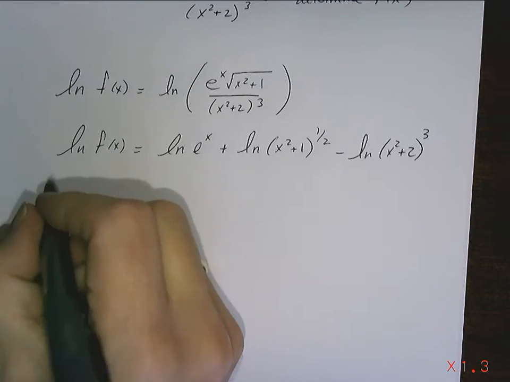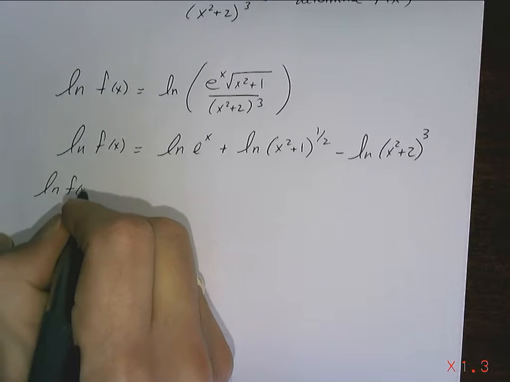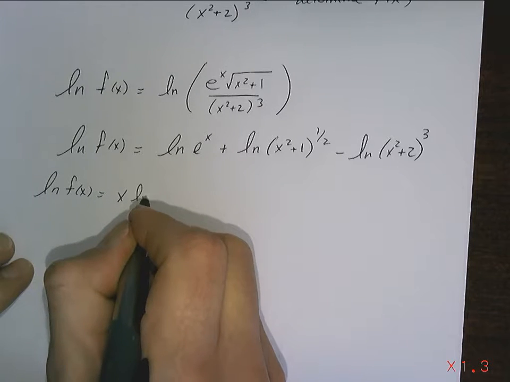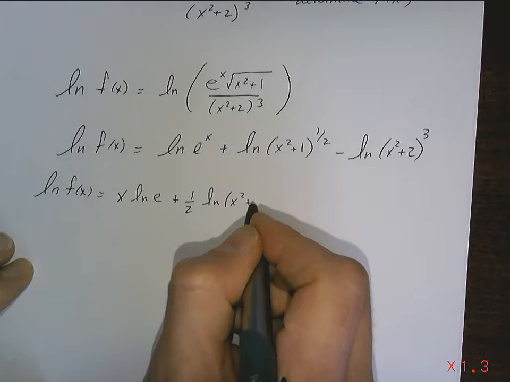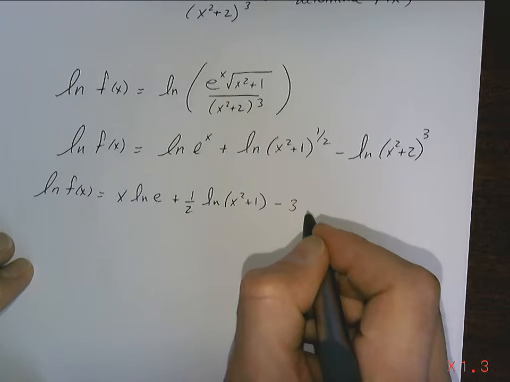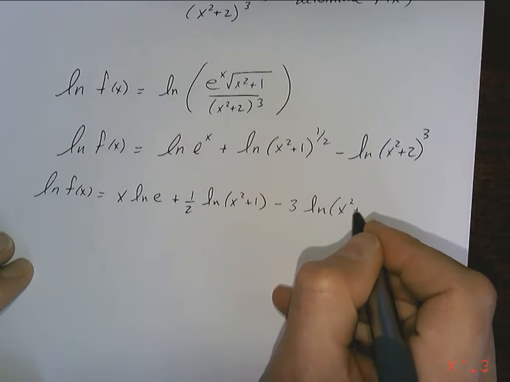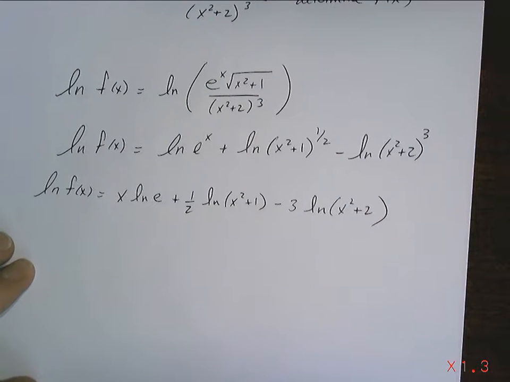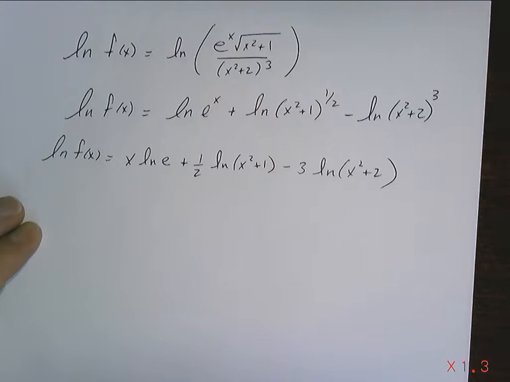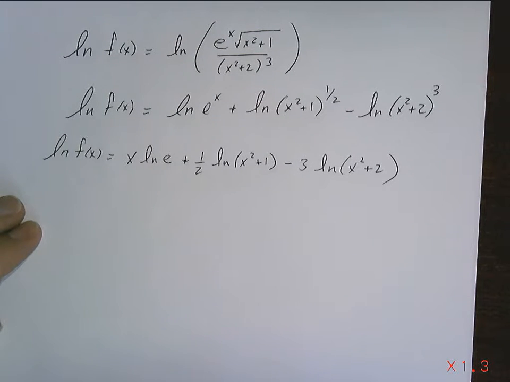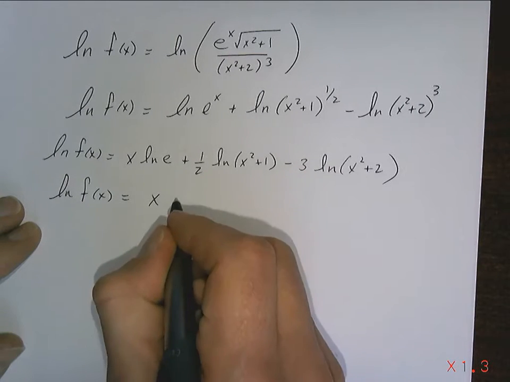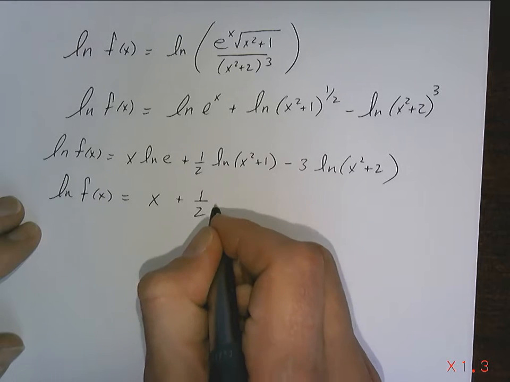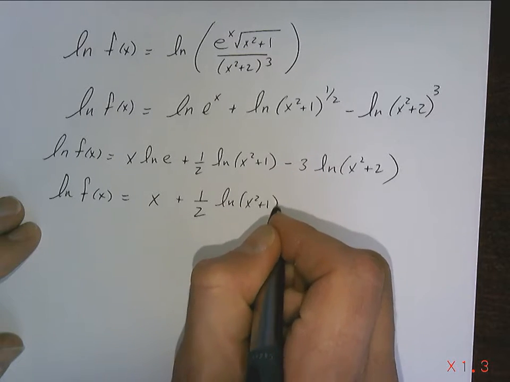I would then change all of those to products. What is ln e? 1. So it's worth it to me to isolate that. Are you supposed to square the bottom?